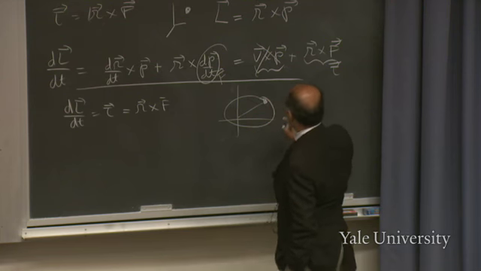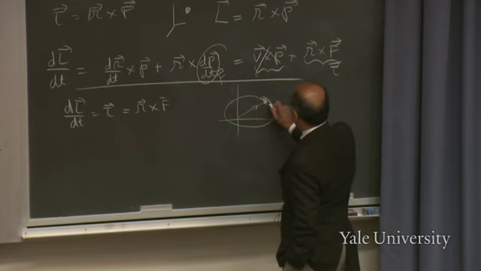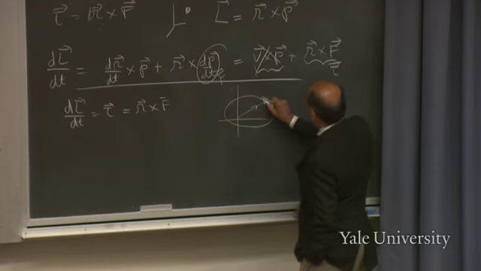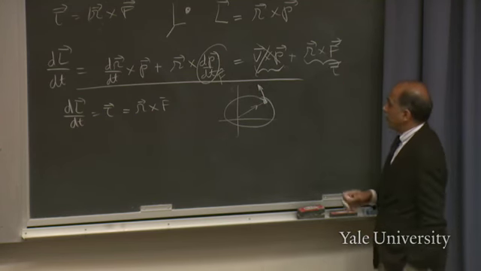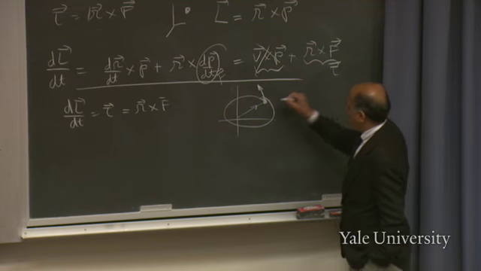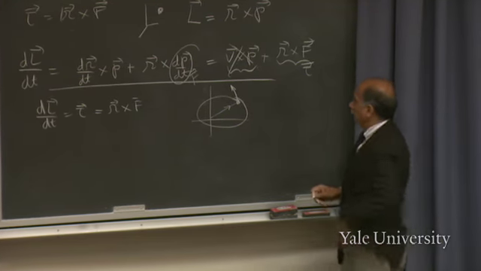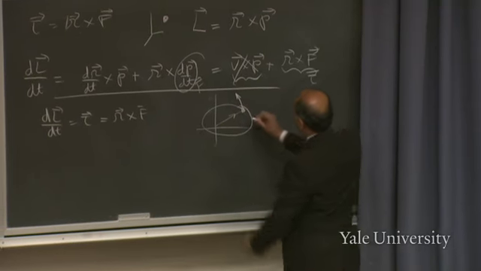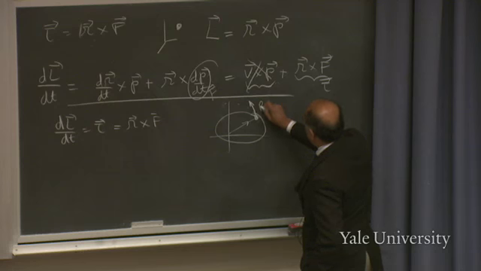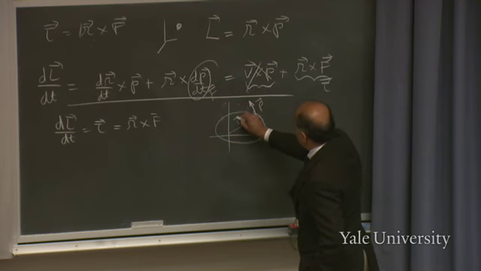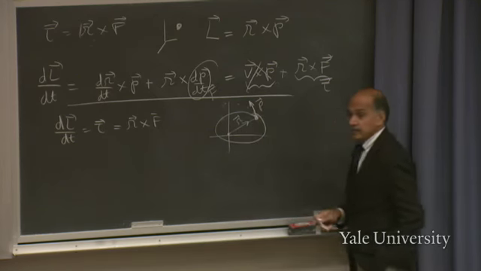Angular momentum is r cross p. This is r, right? If it's a part of the rigid body, it can only move that way. I'm first taking the case where the mass I'm considering is embedded on a rigid body. Then when you rotate it, it has to go along a circle with that as the radius. So the momentum p will look like that, and the r measured from any point will look like this.